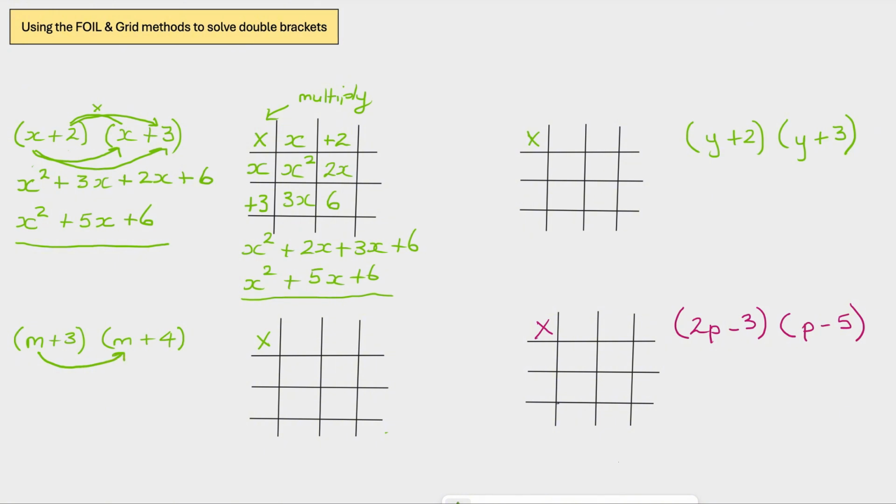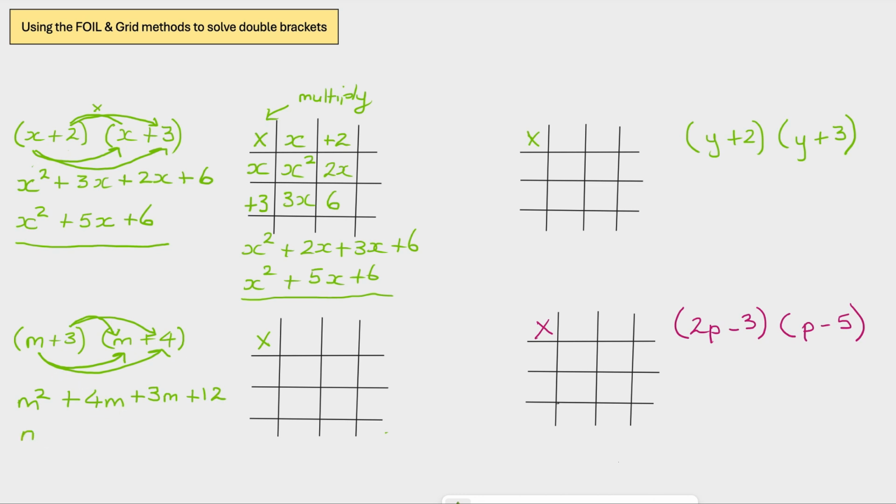So that's m times m is m squared. M times 4 plus, because it's a plus, 4m plus over, 3 times m is 3m plus 3 times 4 is 12.